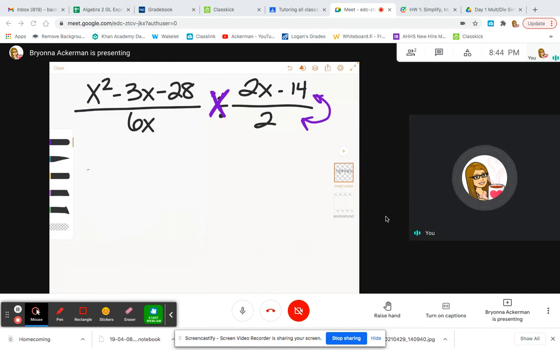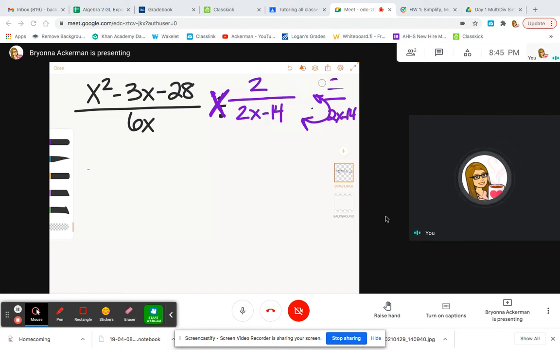That becomes 2 on top and 2x minus 14 on the bottom. So if we rewrite our new problem, we kept the first fraction, changed the sign from division to multiplication, and then flipped or took the reciprocal of the second. Now it's just like the other problems we've been doing, and it's multiplication.